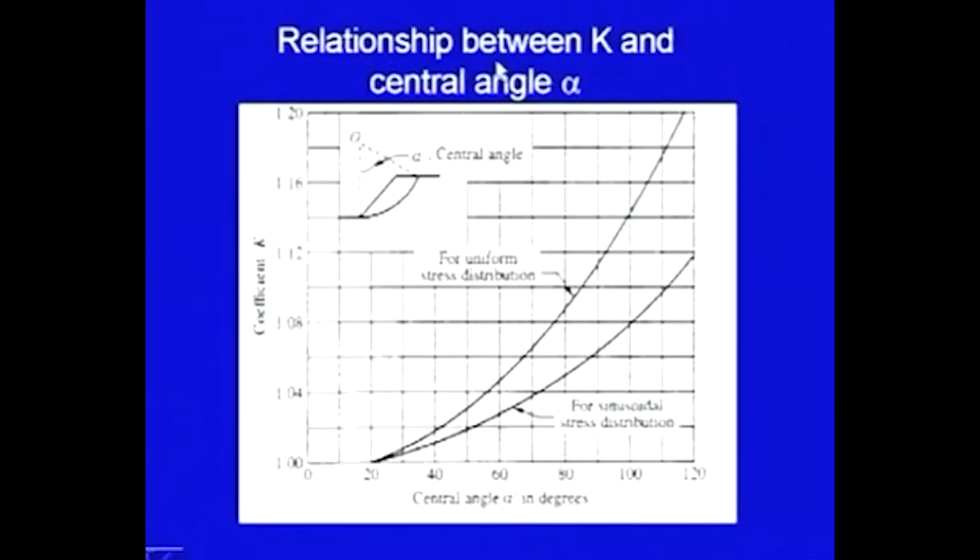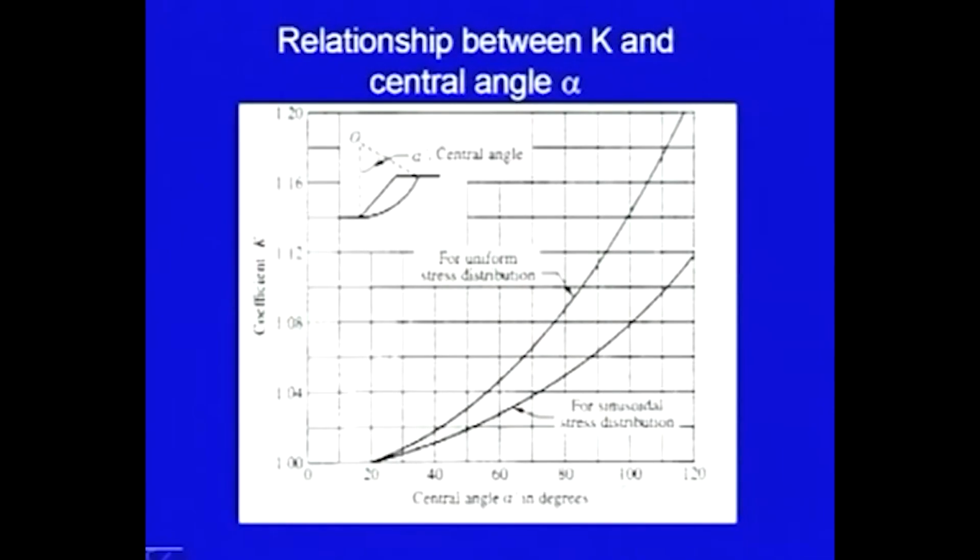This is the relationship between k and central angle alpha. On the x axis you have central angle alpha. For the particular trial circle which we have taken, this alpha you can find out, and once that alpha is known, you can find out the value of k.